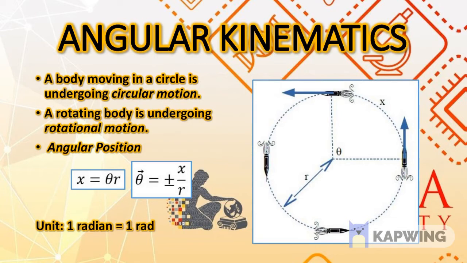The positive, negative sign refers to the two possible directions that the object may move. It may move in the positive direction or it may move in the negative direction. For our course, the positive direction is the counterclockwise direction, while the negative direction is the clockwise direction.